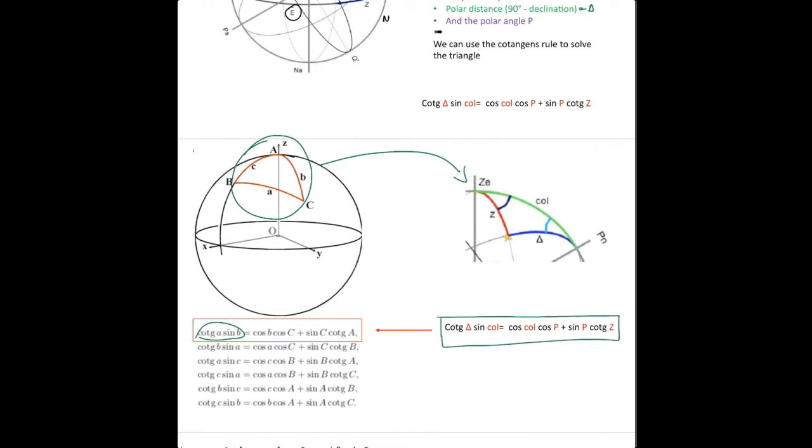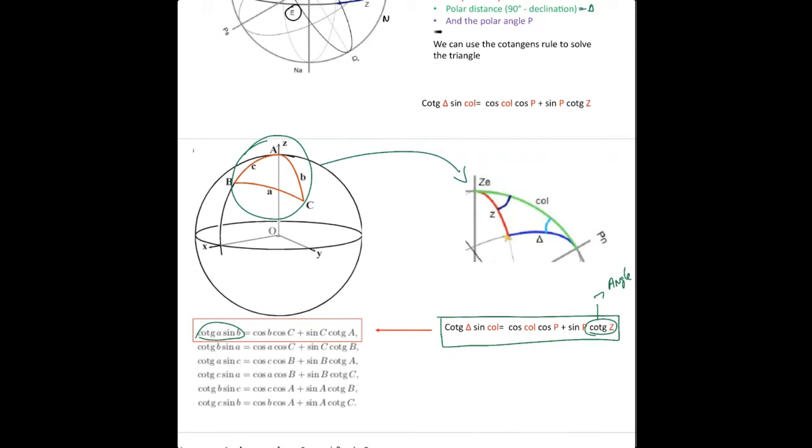So we know that the cotangent of the polar distance multiplied by the sine of the colatitude equals the cosine of the colatitude multiplied by the cosine of P plus the sine of P multiplied by the cotangent of the azimuth. And this is actually what you are looking for, the azimuth angle.